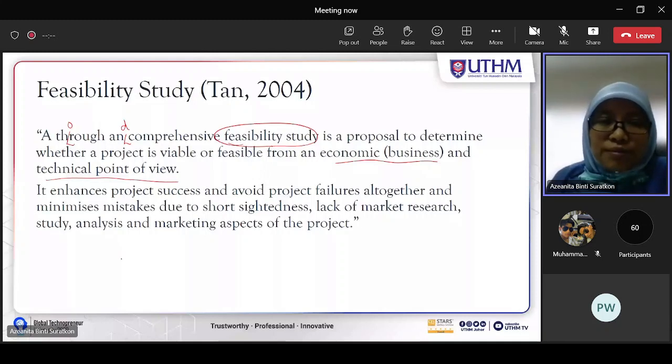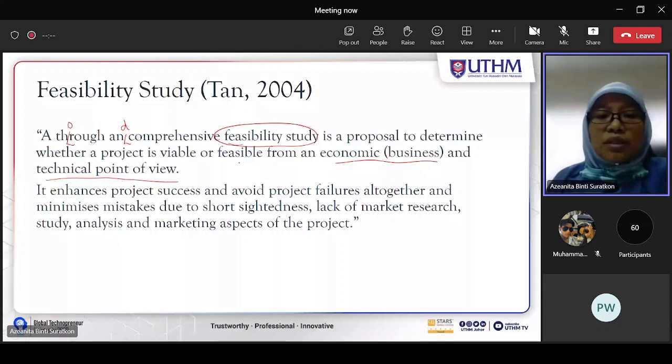Normally, maybe in the first 10 years very good, but after 20 years, can the shopping mall sustain, will the building become the attraction of many local people to come? So that is part of the feasibility study. They need to do some prediction, projection or forecasting about the project. So this is part of the feasibility study.